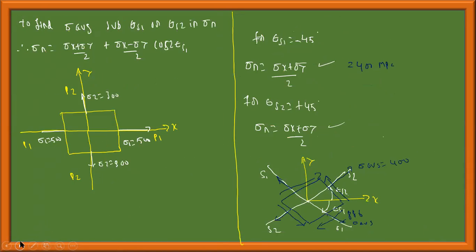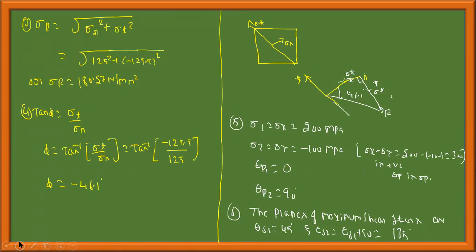Okay, and the next type of problem is like this. The problem remains the same, you are given a biaxial stress condition, and then you make a last statement: what will be the intensity of stress which, acting alone, will produce the same maximum strain if Poisson's ratio is 1 by 4?